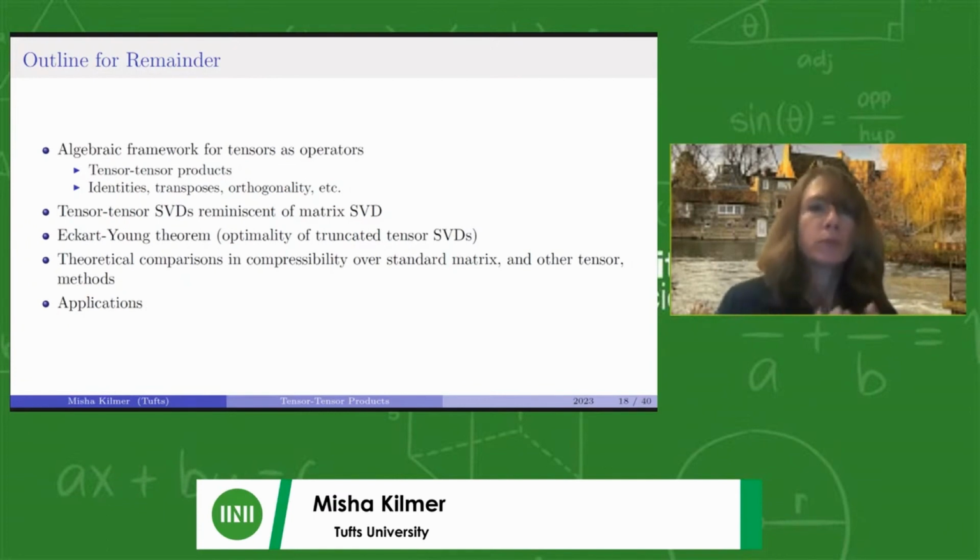I'll be able to prove an Eckart-Young theorem, in other words, an optimality in terms of our tensor singular value decompositions. And I'll be able to prove what I claimed at the start, which is that it's better to work in tensor forms with tensor decompositions in terms of compressibility than standard matrix. And I'll filter in some applications throughout.